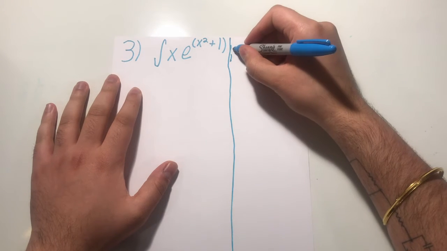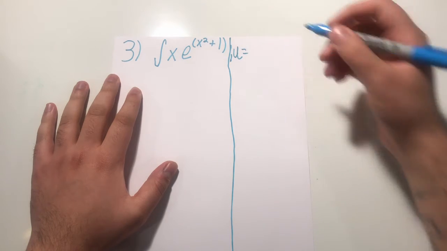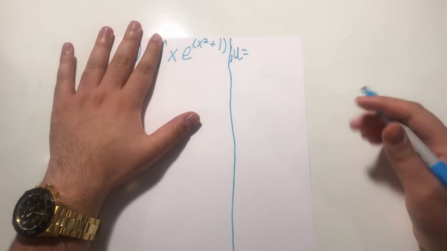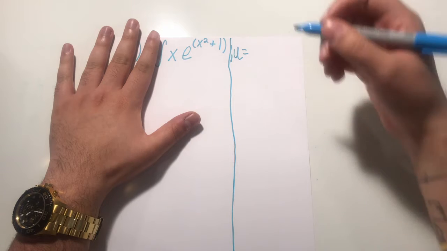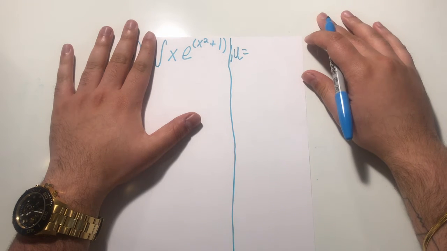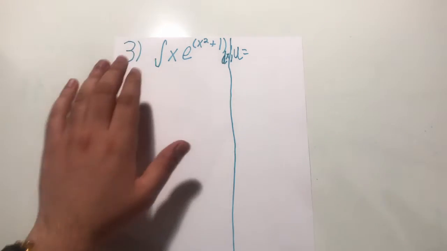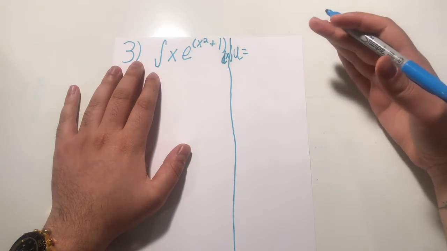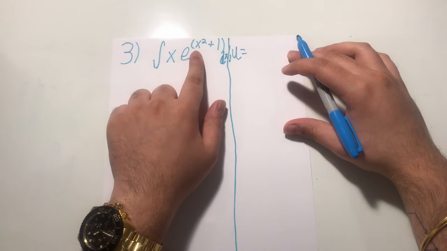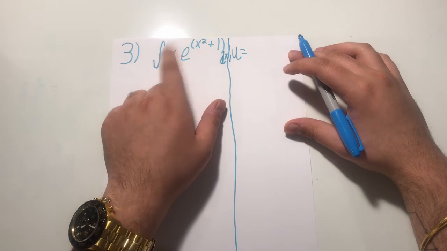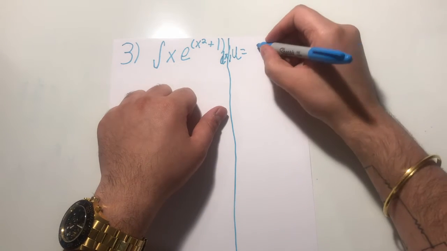So what is u? Again, let's look at it as though this were chain rule. Oh, so there should be a dx here. Why am I like this? So u is going to be our inside function, which I think can be easily seen to be this x squared plus 1 term. So that's what we got on the inside.